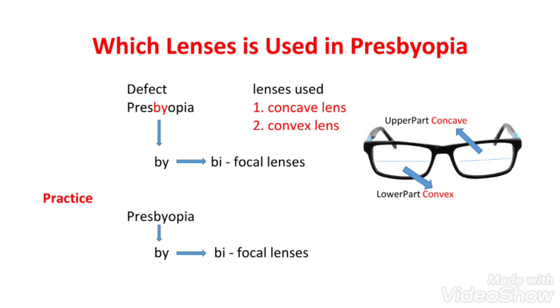Now move to the other topic, presbyopia defect. The lens used for this correction is concave lens and convex lens. Upper part you have to use concave lens, lower part you have to use convex lens. For this one I am taking presbyopia, bi. Bi means bifocal lenses.